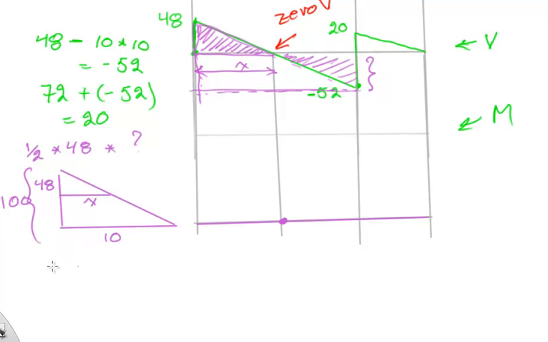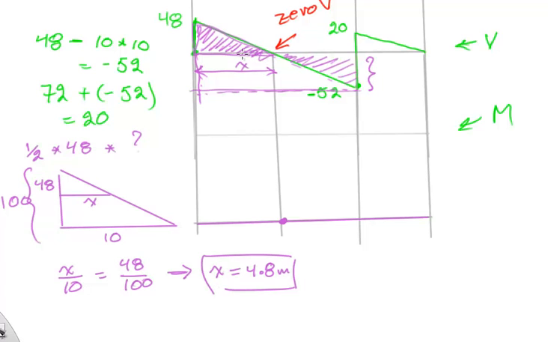Okay, now from similar triangles I can do either way. I can go x over 10, the base over the base, the height over the height, the base of the small over the base of the big, the height of the small over the height of the big triangle. So from that I get x equals 4.8 meters.